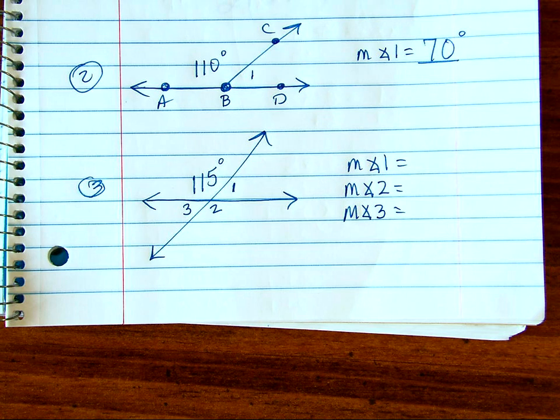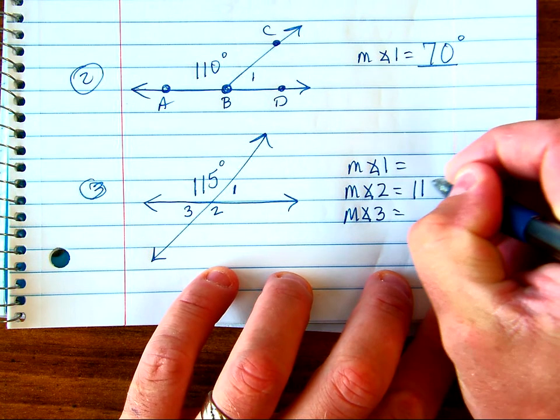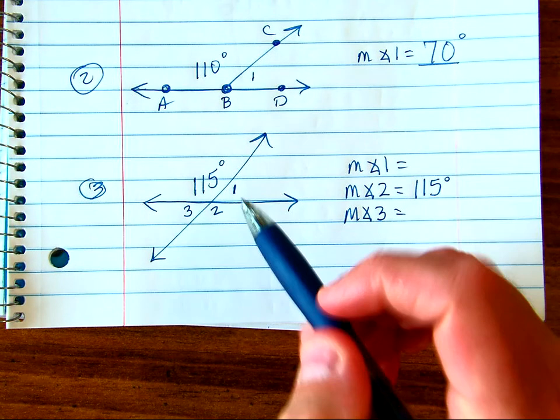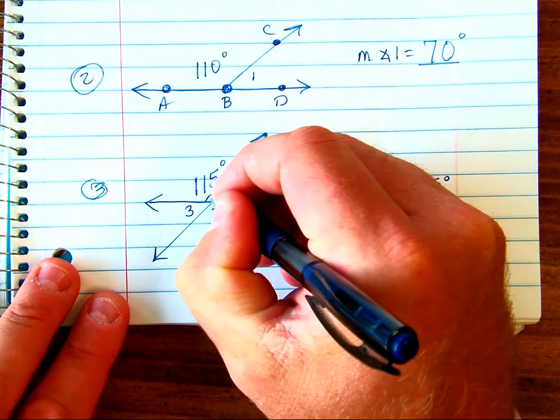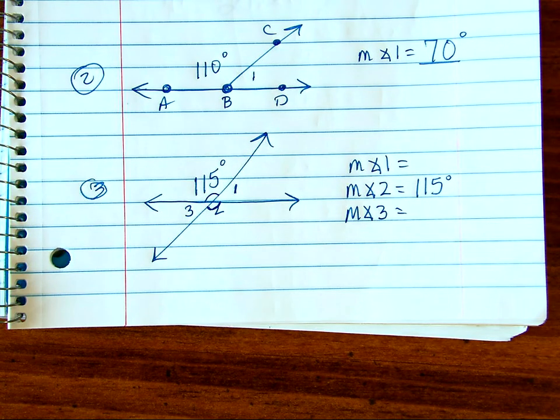Anybody want to start off and give us 1, 2, or 3? Aiden? 2 is 115 because it's right next to the street. All right. Angle 2 is 115 because these two angles are what we call vertical angles. The other Aiden. Angle 1 and 3 are 65. Angle 1 is 65.